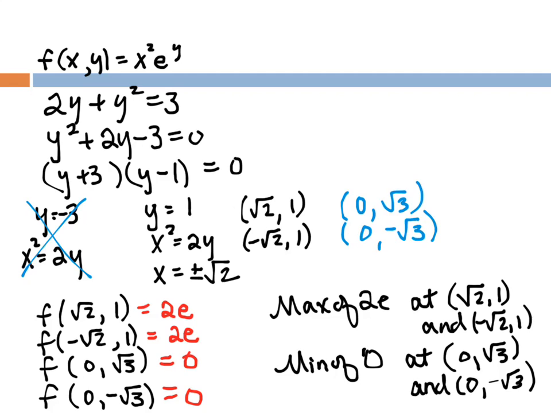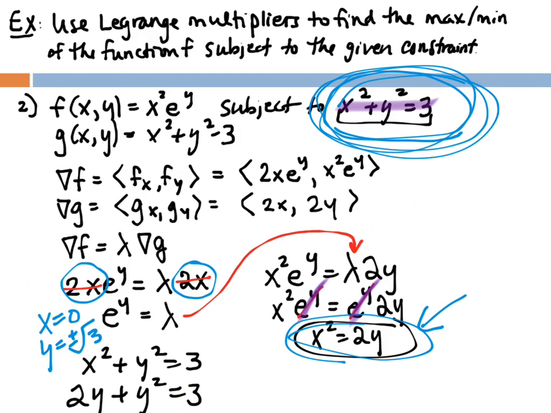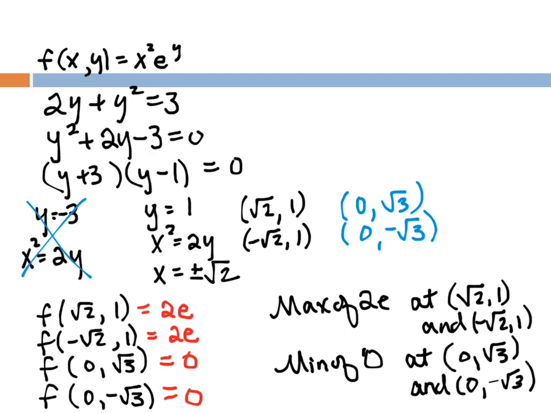I want to mention one thing. When I actually did this in my notes, I have no idea why I chose the hard way to do it, but I actually did the replacement the other direction. So when we substituted the 2y in for the x squared, I actually solved it for y. It was probably because I was modeling after some book problem or something like that. And I get the same answer at the very end, but there's one little piece in the middle that created another point that I actually tested, and it gave me a value between 0 and 2e.